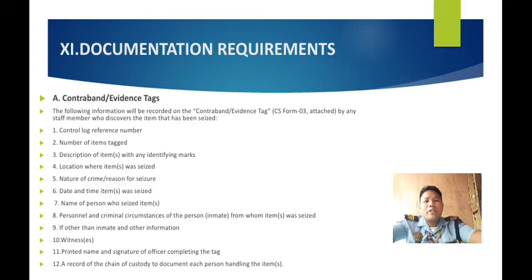So number 10, we have here documentation requirements. Letter A, contraband evidence tags.